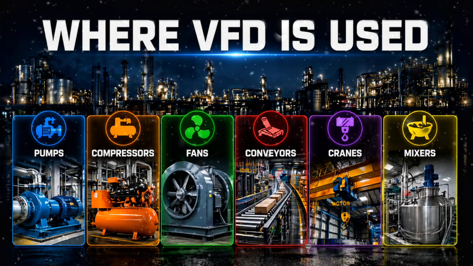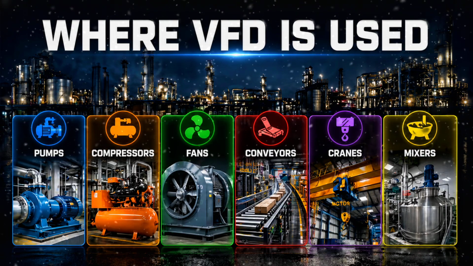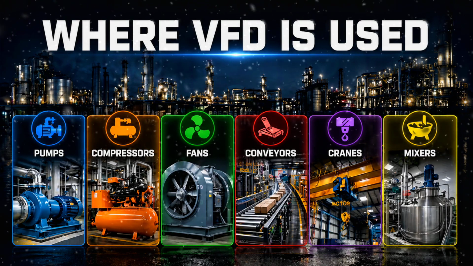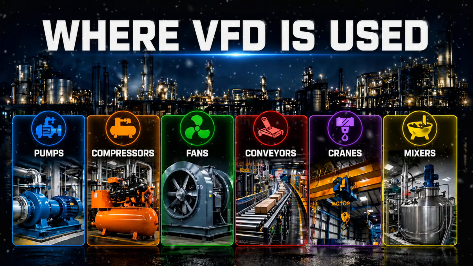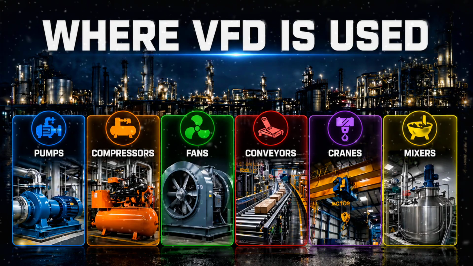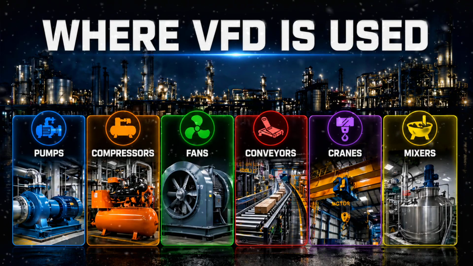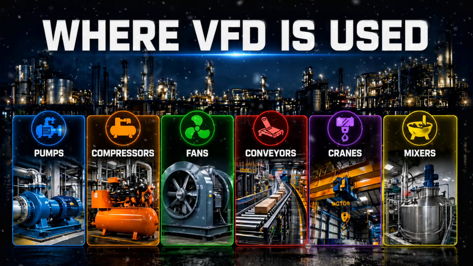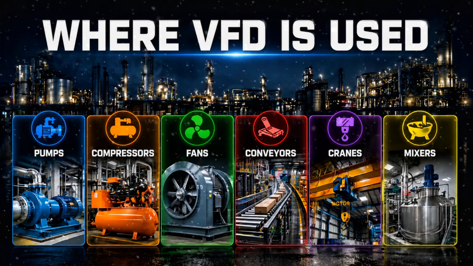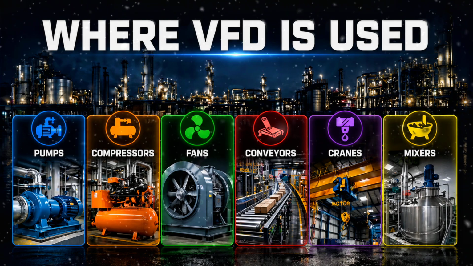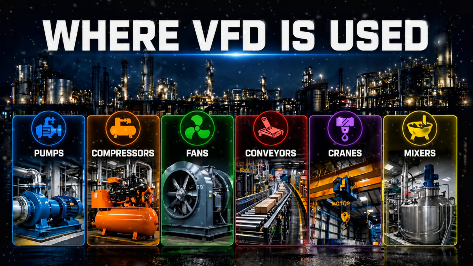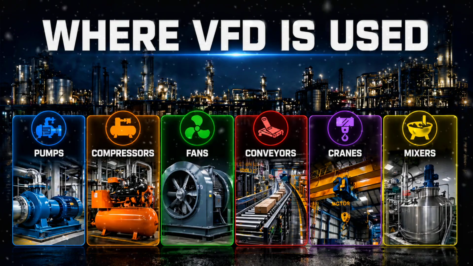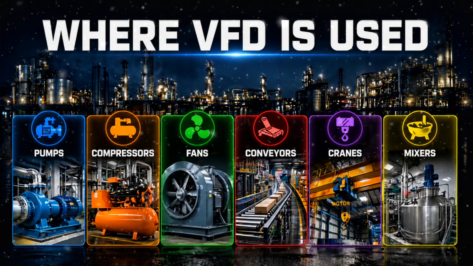VFDs are used in almost every rotating machine. In industry, pumps: VFDs control flow rate without using control valves. Direct energy saving. Compressors: VFDs match compressor output exactly to process demand. Fans and blowers: VFDs reduce fan speed when full airflow is not needed.